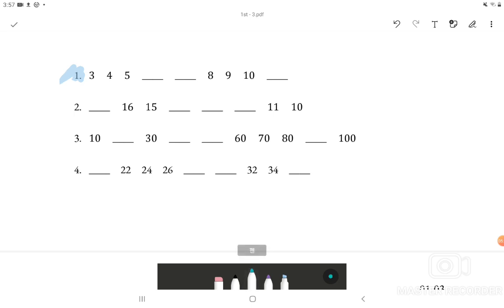From 3 to 4, there's 1 step, and for 4 to 5, there's 1. 8 to 9, 1, and 9 to 10, also 1. So looking at how each of the numbers have 1 step between them, we know that the answer will be 3, 4, 5, 6, 7, 8, 9, 10, 11.